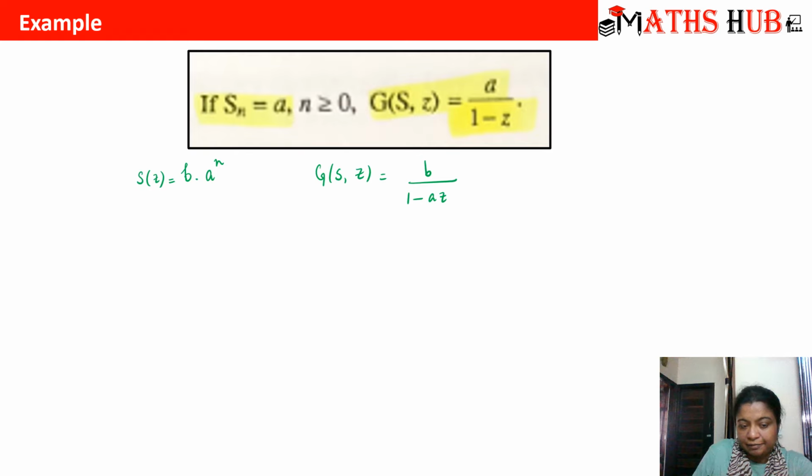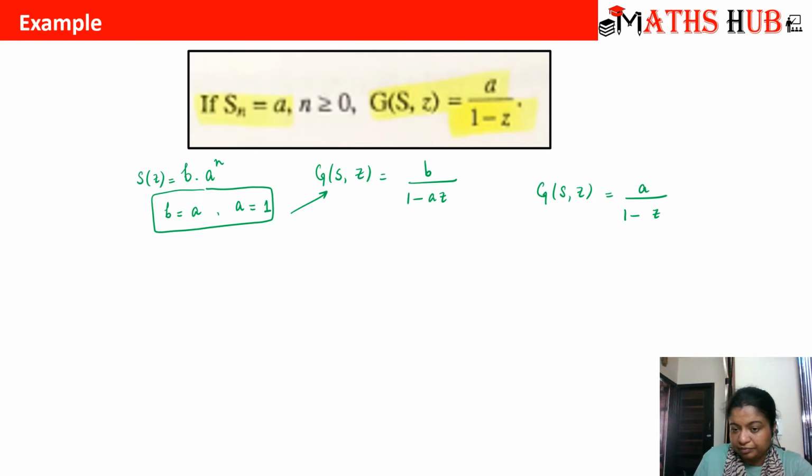You can see that b is playing the role of a in this question, and a is playing the role of 1. So if you substitute these values in this generating function, instead of b we will get a, and instead of a we will write 1. So we get the generating function as a upon 1 minus z.